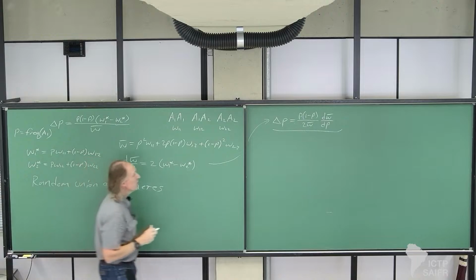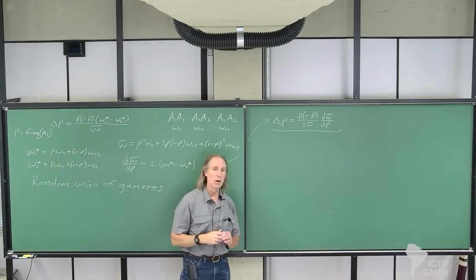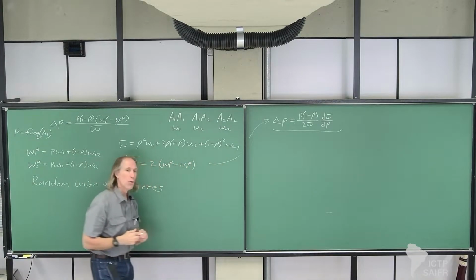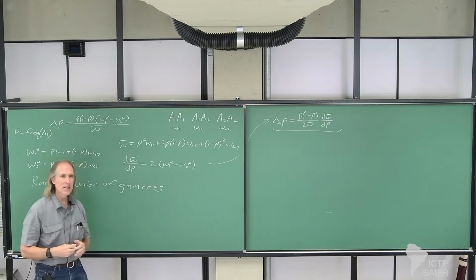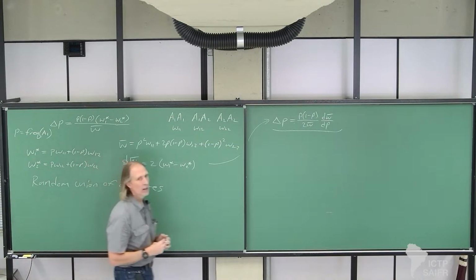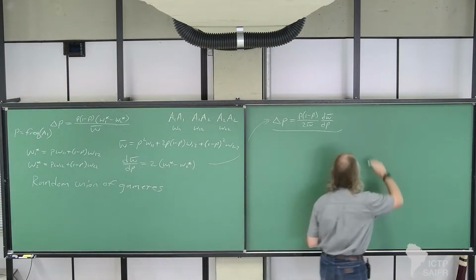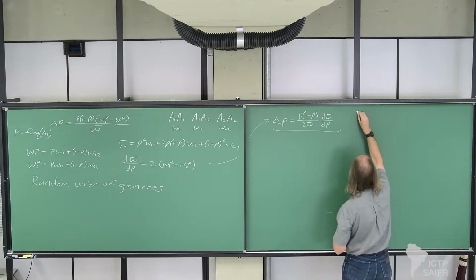Now, this is very simplistic in some ways. We're not only assuming random mating, we're also assuming frequency-independent selection. And I'll write that up again because that's really critical to this.